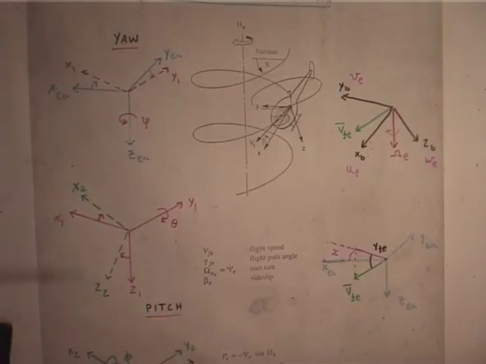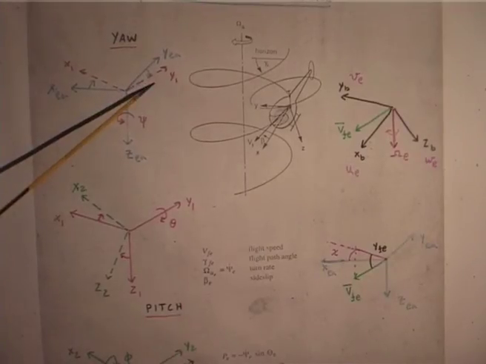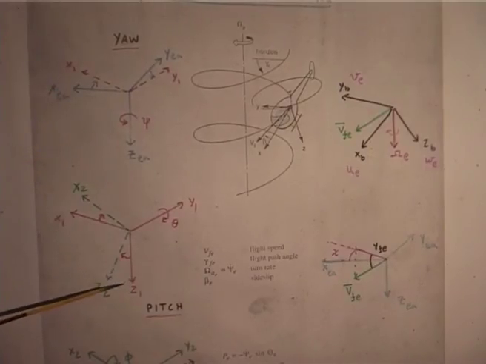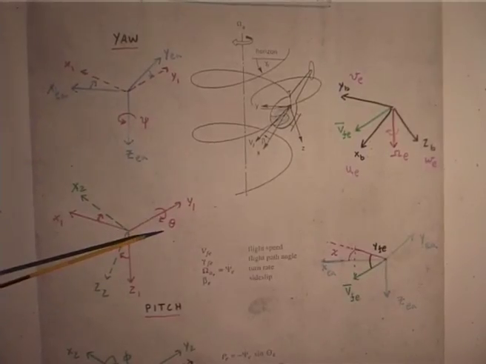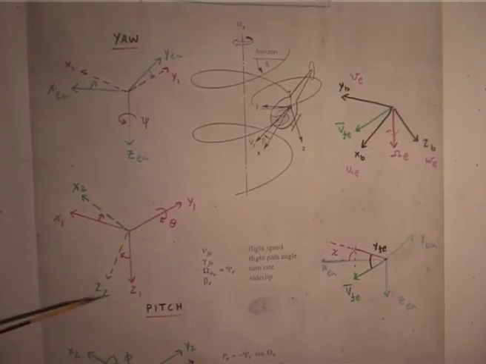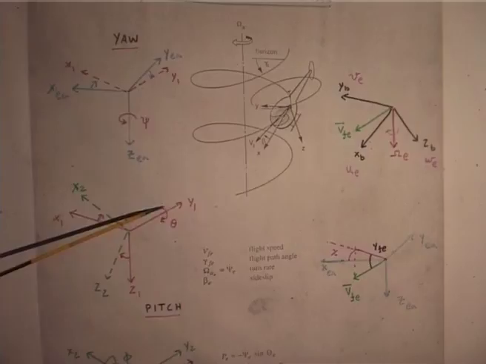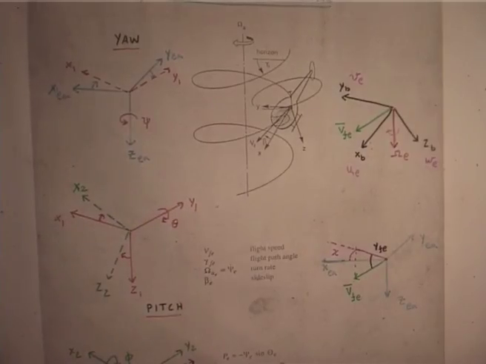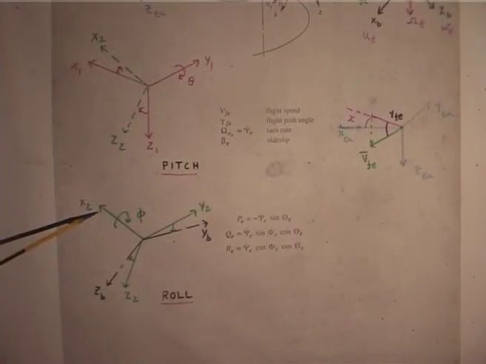I am not writing the transformation matrix fully. Then you take x1, y1, z1, give a pitch rotation, and you will get x2, z2 and y2; y2 and y1 will be the same. Next you go to the roll about x2.